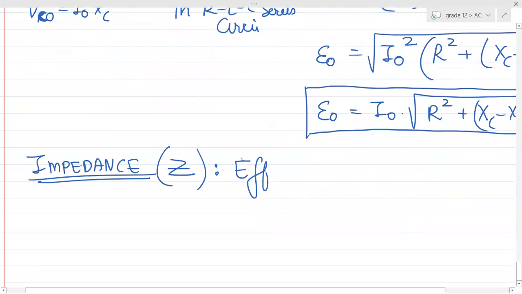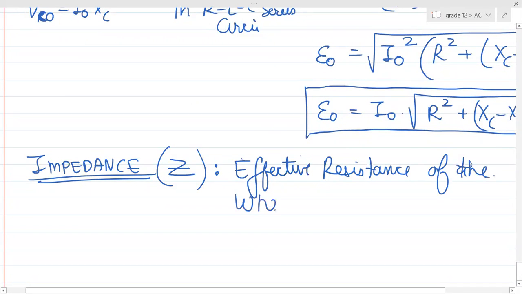Impedance is basically the effective resistance of the whole RLC series circuit, or the whole circuit, you can write. It's up to you.